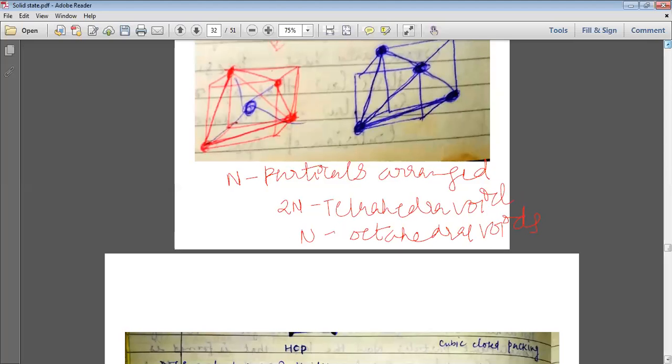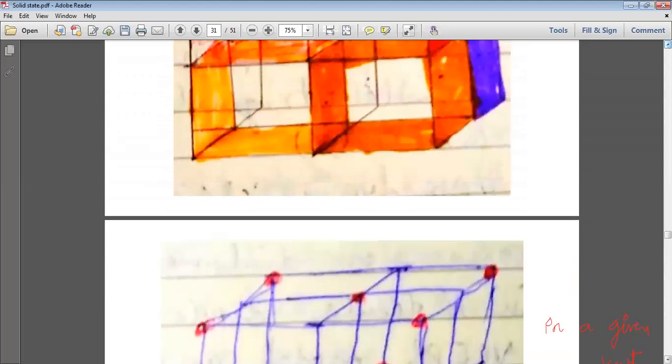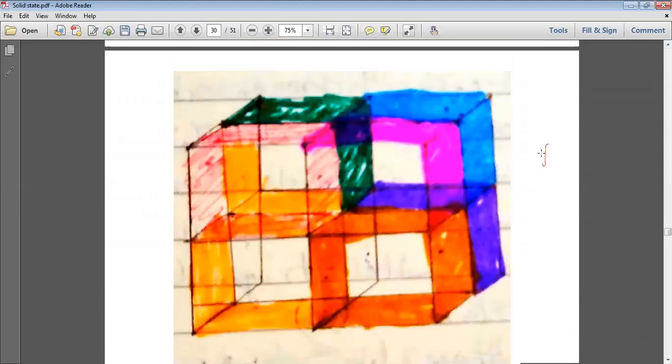So now if we look into the face-centered cubic cell, my dear student, this is a face-centered cubic cell.